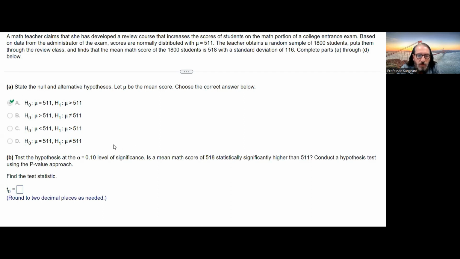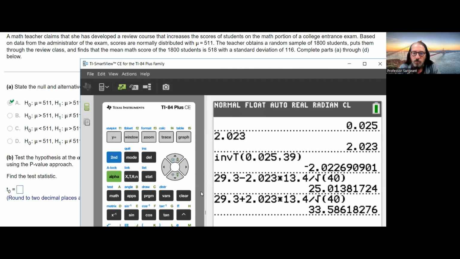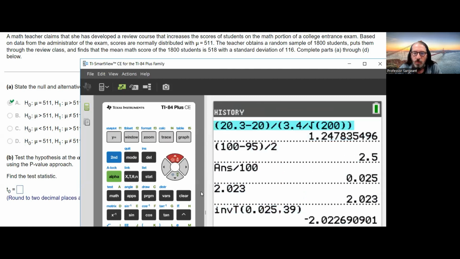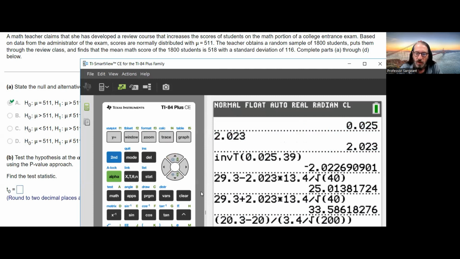Test the hypotheses at the 0.10 or 10% level of significance. Is a mean math score of 518 significantly higher than 511? So our test statistic. Remember, that is in the numerator with parentheses around it, X bar minus the claimed mean in the null hypothesis.